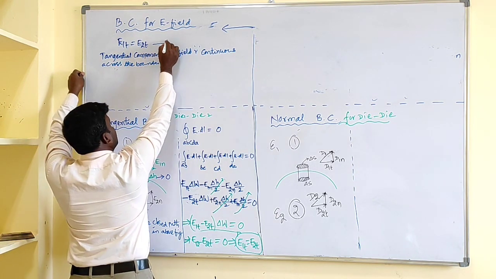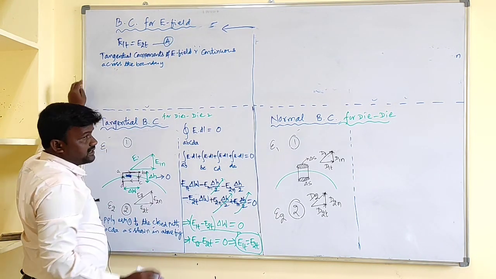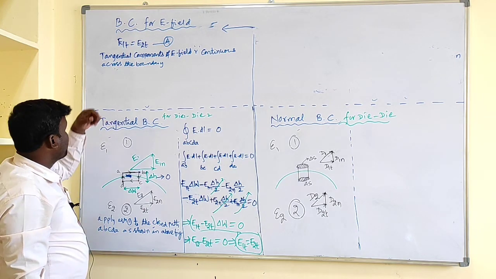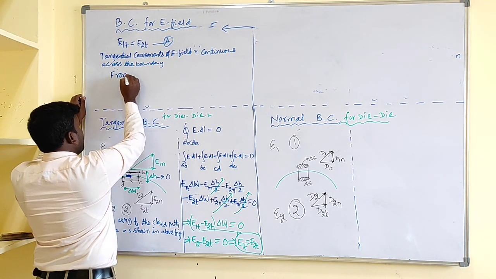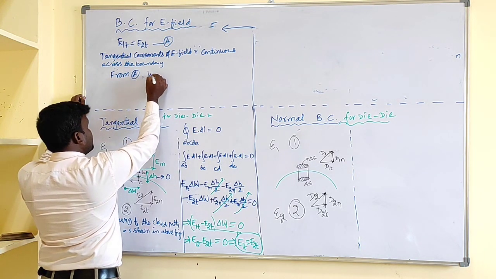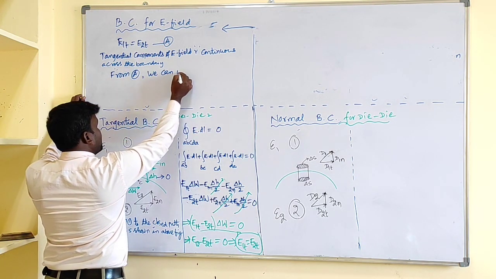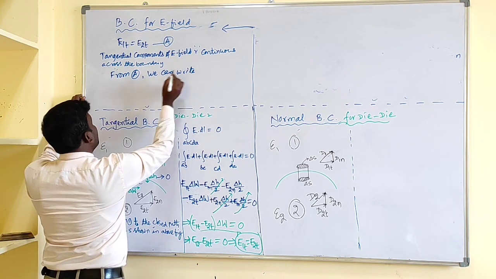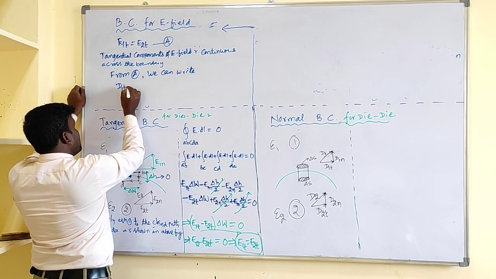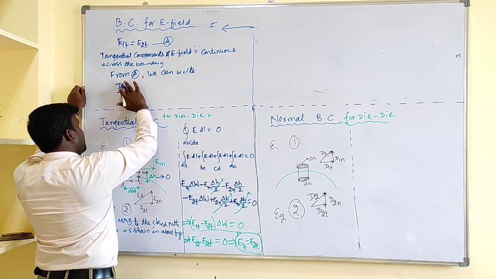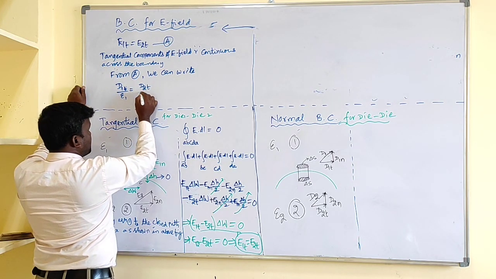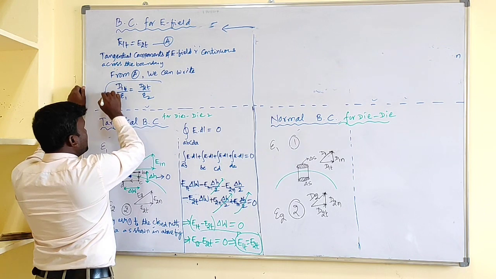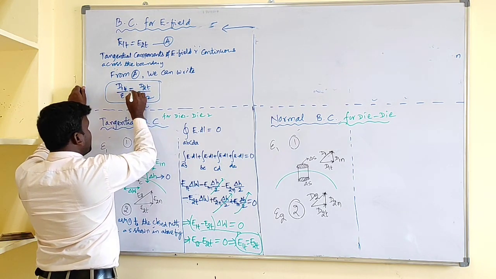Let us take this as equation A. So this is one of the boundary conditions, and from equation A we can write E1t can be written as D1t by epsilon 1, and E2t as D2t by epsilon 2. Means what? D1t is not equal to D2t.